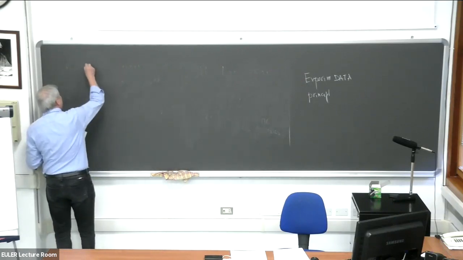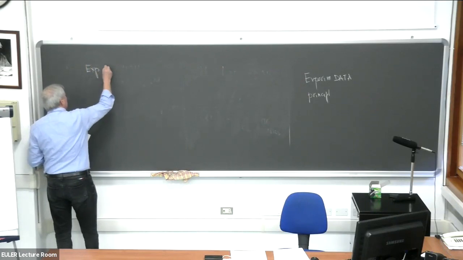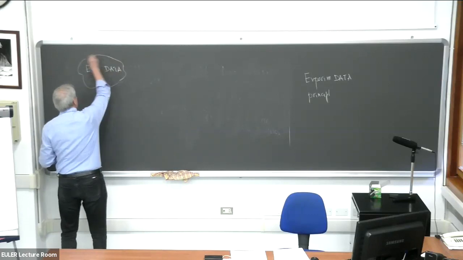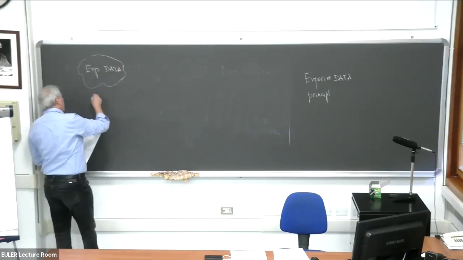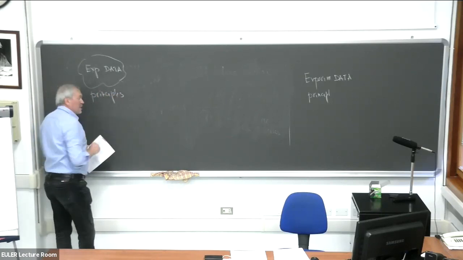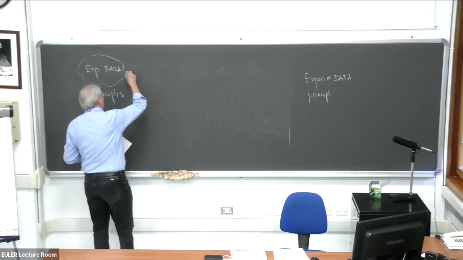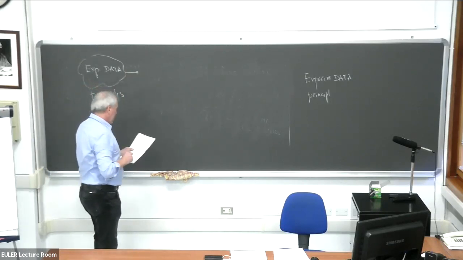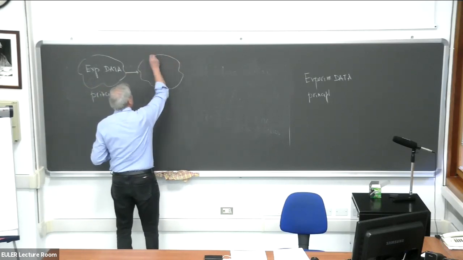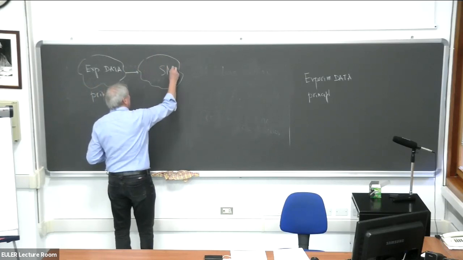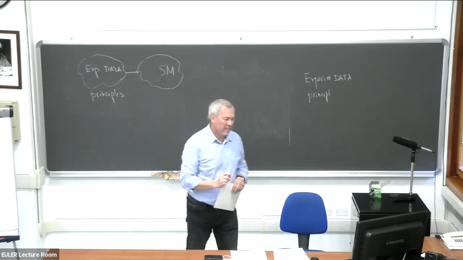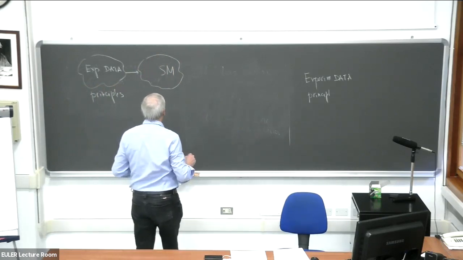So: experimental data, and we use certain principles to describe this data. From the experimental data, I will show you how the structure of the standard model appears. Essentially, we can derive the structure of the standard model from experimental data, from observations.